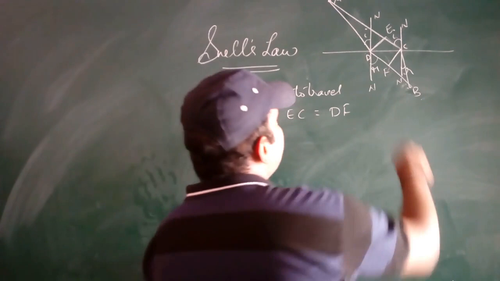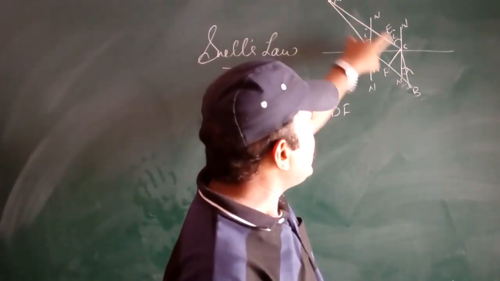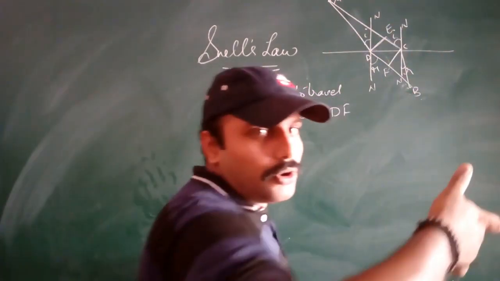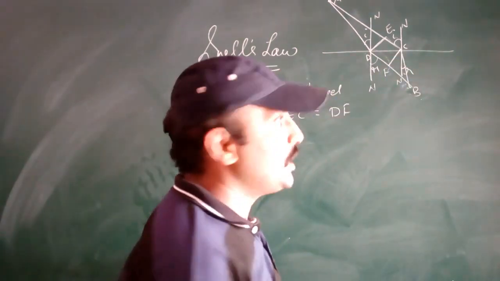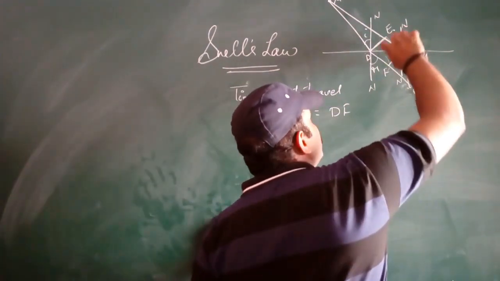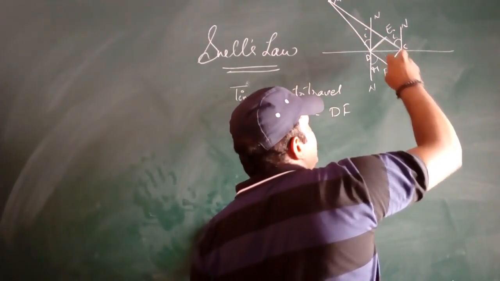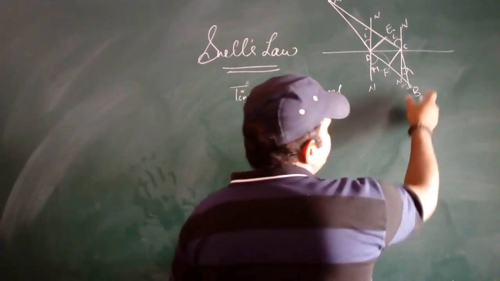Okay. Now if you compare with ADB, if I am taking the path ACB, I have to cover the EC path more on the ground to save my friend. Listen carefully. And if I am taking the ADB path, I have to cover, as I said, EC and DF are the same. If I am taking the path ADB, I have to cover the DF path more in the water to save my friend.